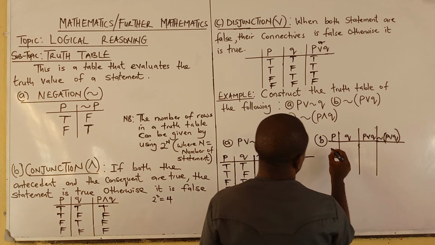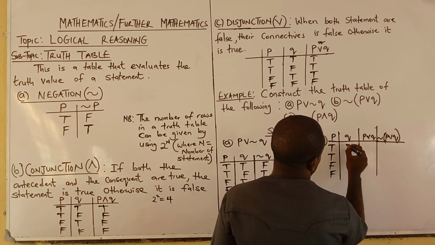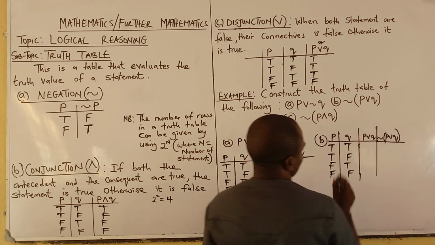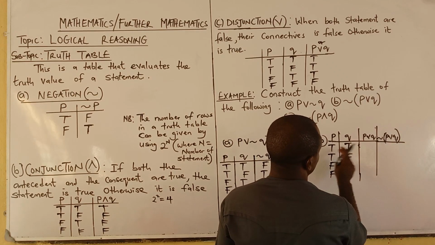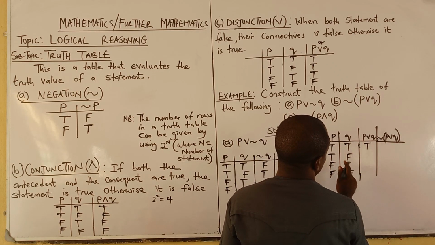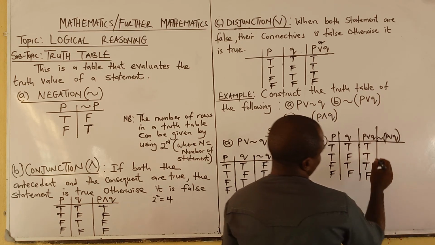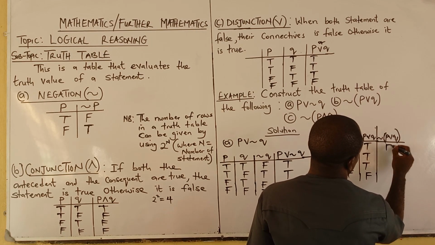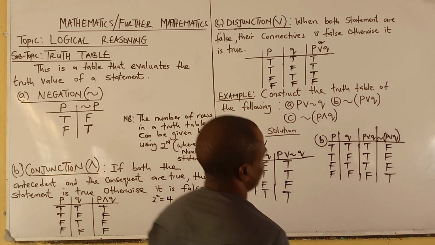Now you have P, that's T, T, F, F. Q: T, F, T, F. P disjunction Q. T or T, you have T. T or F, you have T. F or T, you have T. F or F, you have F. Now let's negate it. Negation of T is F, F, F, T.